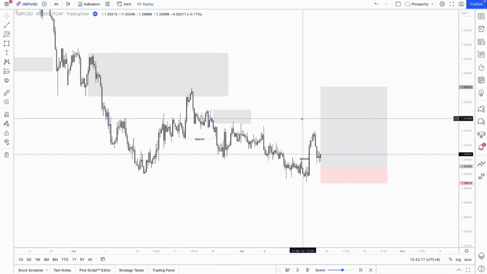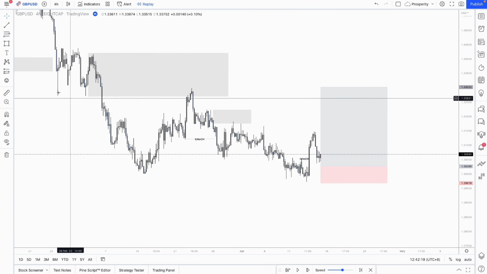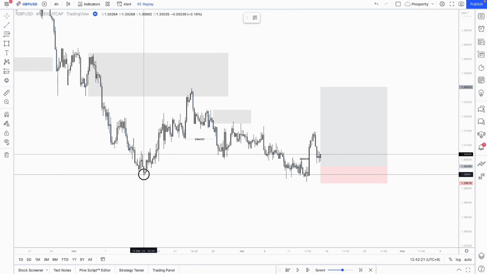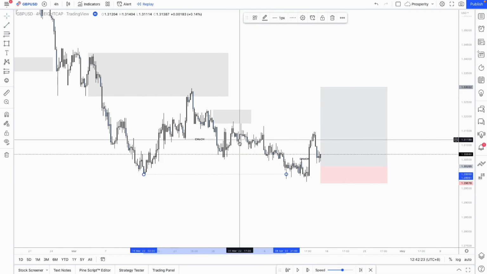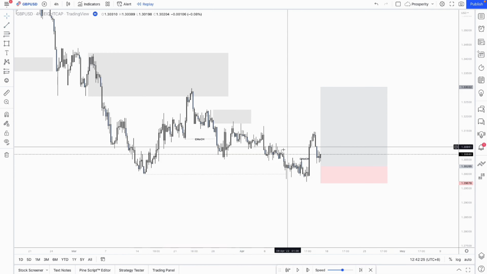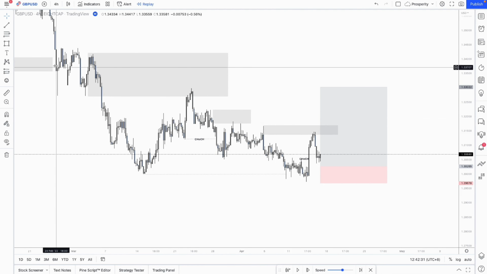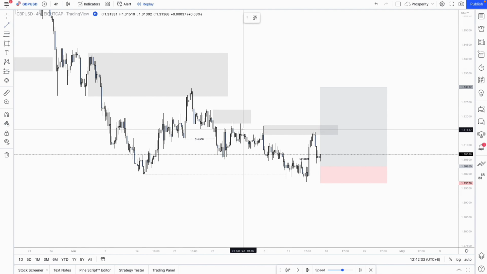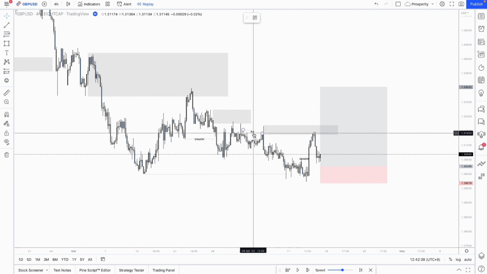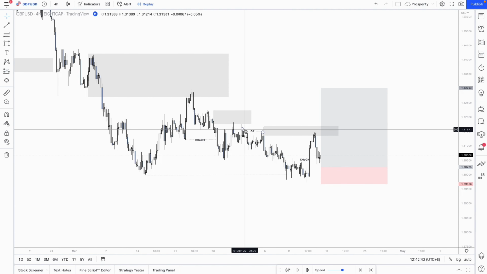Well, in reality, no, because we've also just broke structure. We've taken out the wicks from the buy to sell wick that we already understand to meet our criteria of taking liquidity. If you don't understand what our criteria for a supply demand zone is, that's what we covered in the last video.